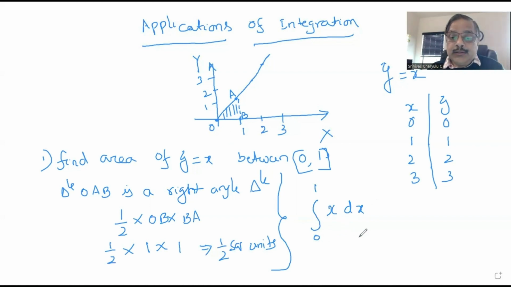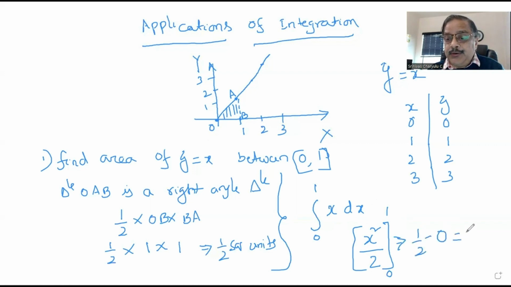Integral x dx will become x square by 2. The boundaries are 0 to 1. First you put the upper limit, 1 by 2, minus the lower limit, 0. So half. This and this matched. So you can conclude that the definite integral will give us the area under a given curve.